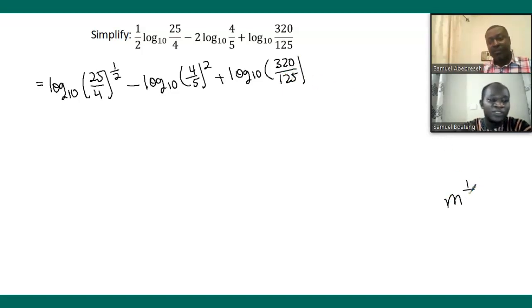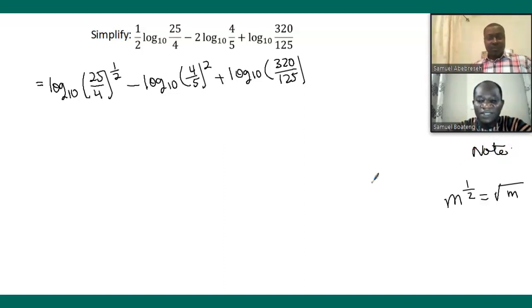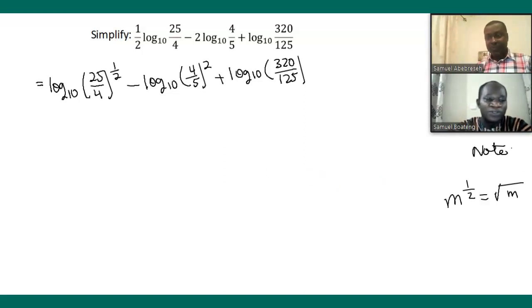Okay, so it's the same as the square root. Remember, in indices, we said that if you have a variable raised to the power half, it's the same as square root of that variable. So when you come to the question, we have 25 over 4 all raised to the power half. It means the square root of 25 over 4. So you are going to have log to the base 10, root 25 will give you 5, so bracket open, then root 4 will give you 2.